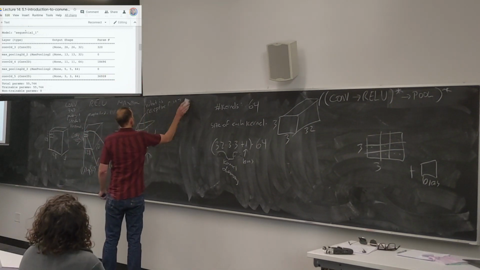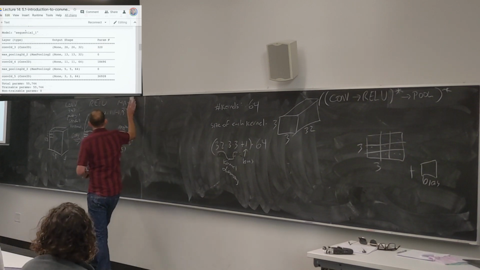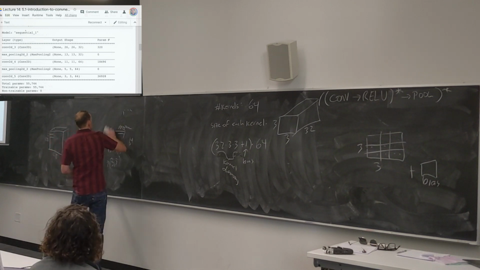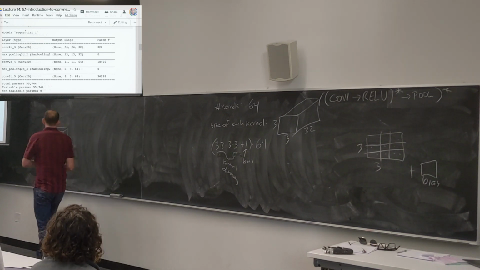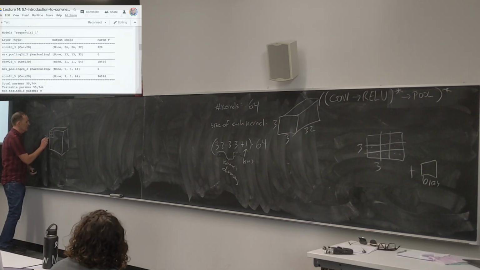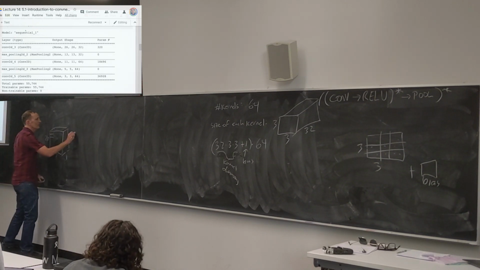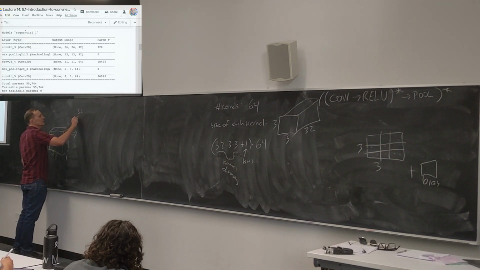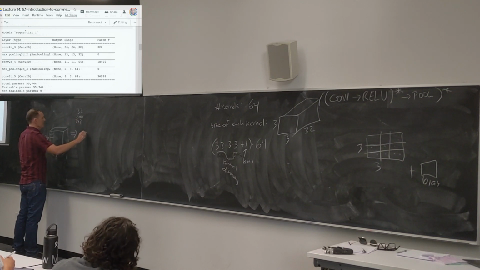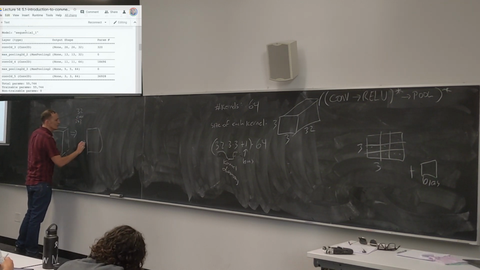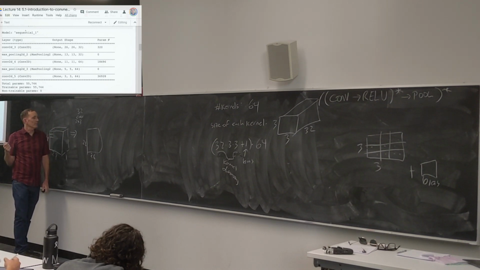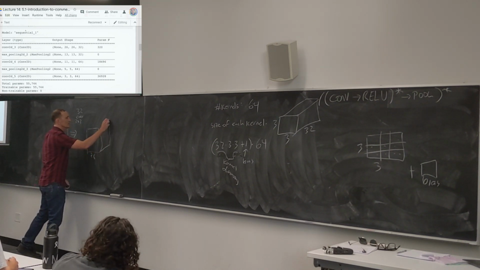So let's actually just run this picture. We have 28 by 28 by 1. We have now 32 convolutions, 3 by 3. That takes us to a 26 by 26 by depth of 32.